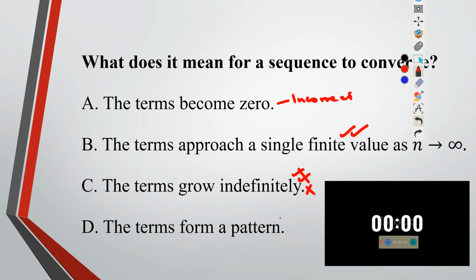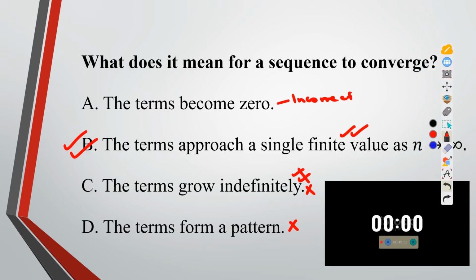This is incorrect because patterns may diverge. So convergence requires approaching a limit, not just a regularity. So what does it mean for a sequence to converge? The terms approach a single finite value as n tends to infinity. And that will be the correct option.